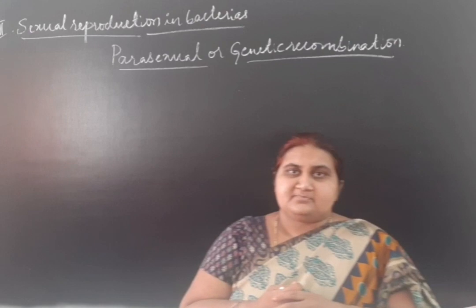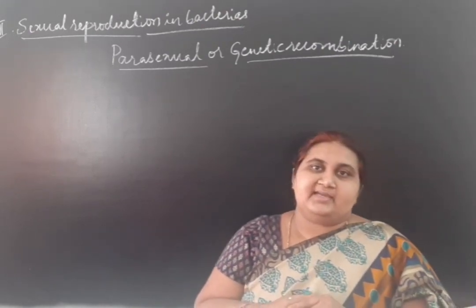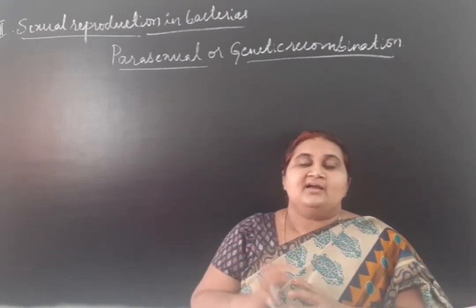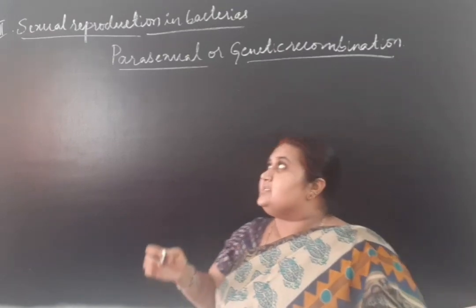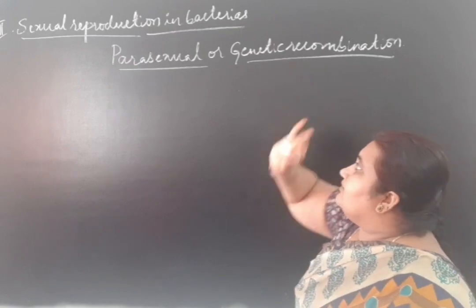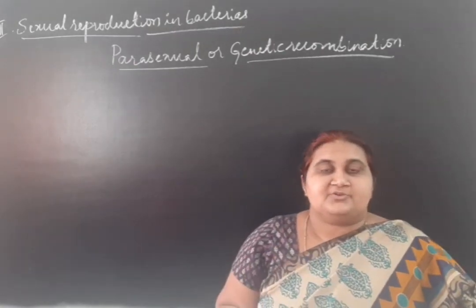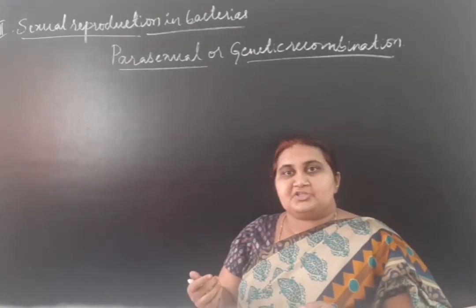A new genetic makeup is seen in the recipient bacterial cell. So it is called genetic recombination, a primitive type of reproduction.